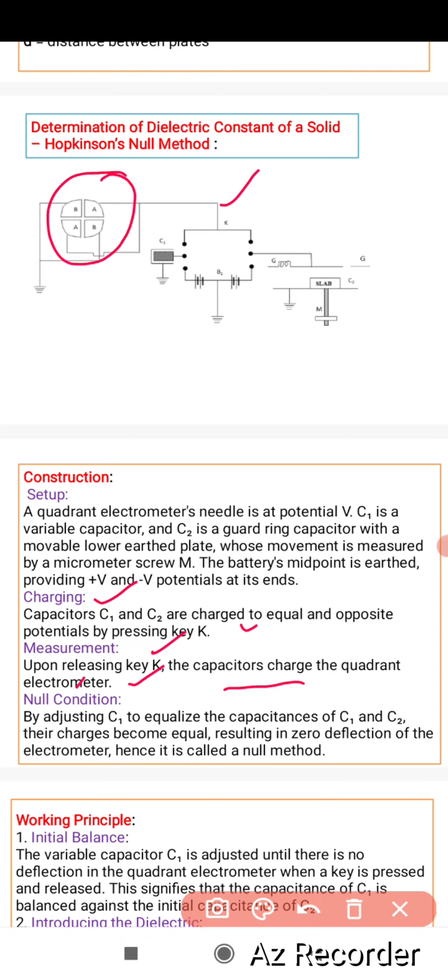Null condition: by adjusting C1, the charges on C1 and C2 become equal, resulting in zero deflection of the electrometer. Hence it is called a null method.